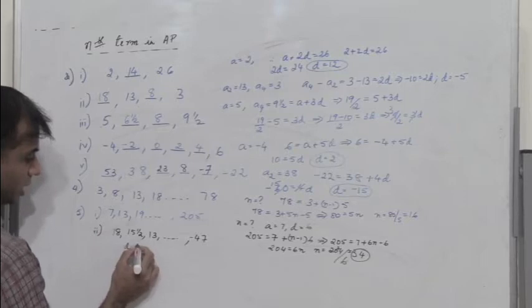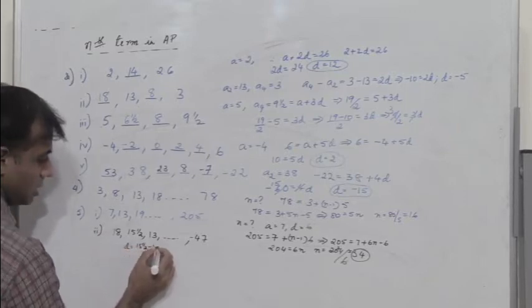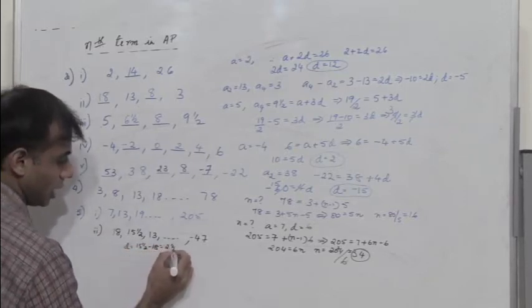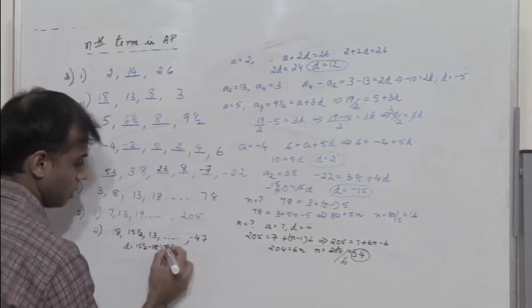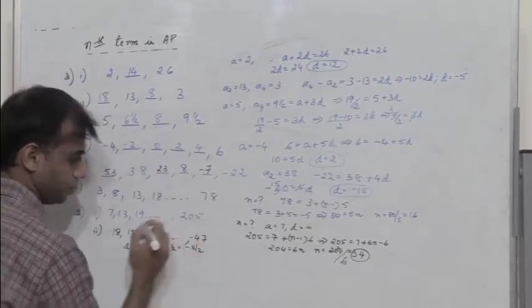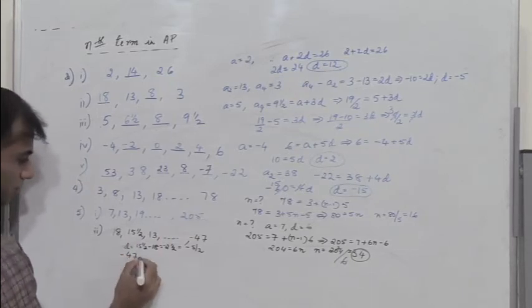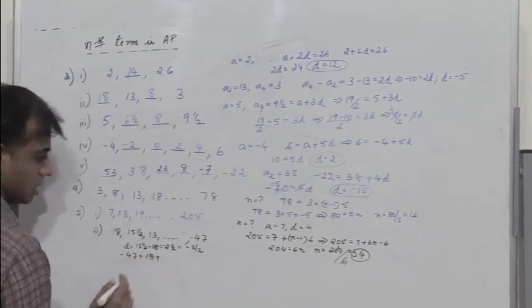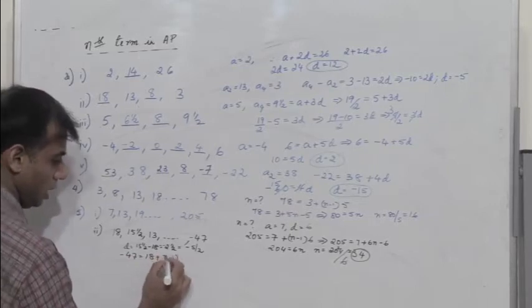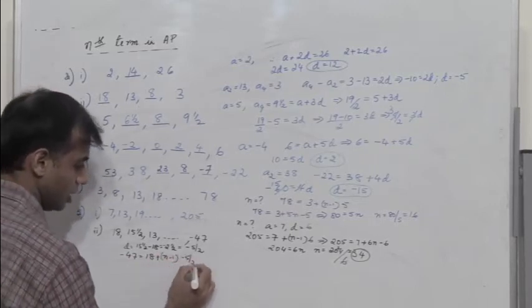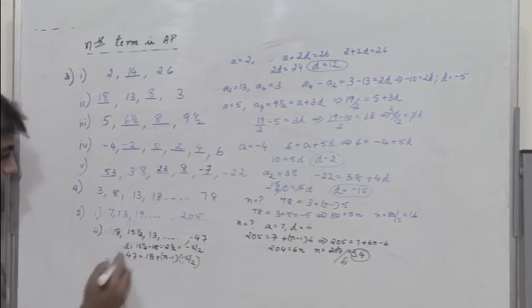D is 15 and a half minus 18, which is definitely minus 2 and a half, or it is minus 5 by 2. Alright, so we have an, which is minus 47, equals a plus n minus 1 into minus 5 by 2, which is d.